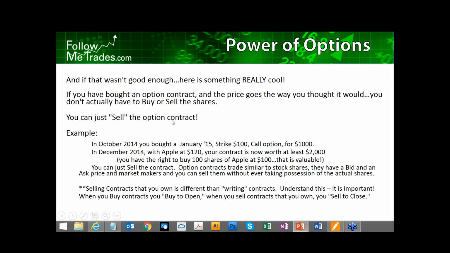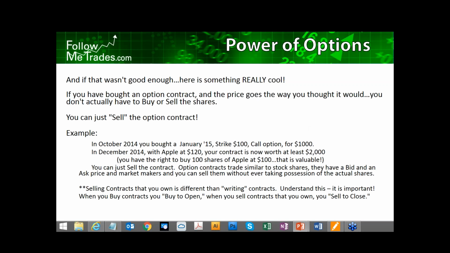Once Apple went up to $120, this contract that you own is very valuable, right? Back in October, you bought the January 15th, strike price 100 call option for $1,000. Well, we're sitting here in December with Apple at $120. Your contract has an intrinsic value of $2,000.